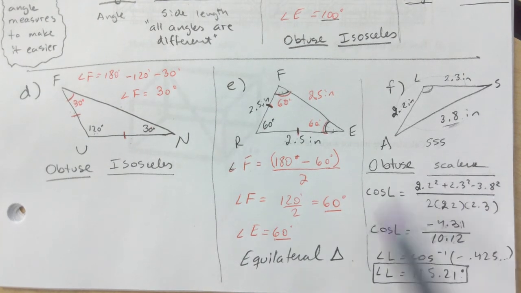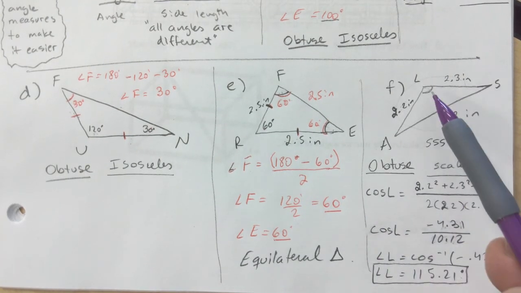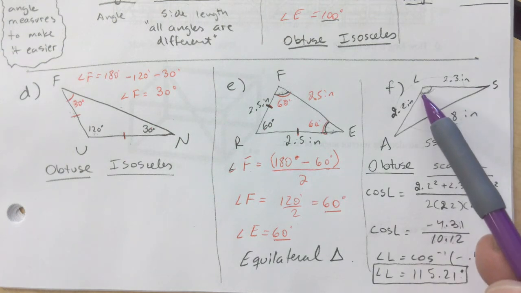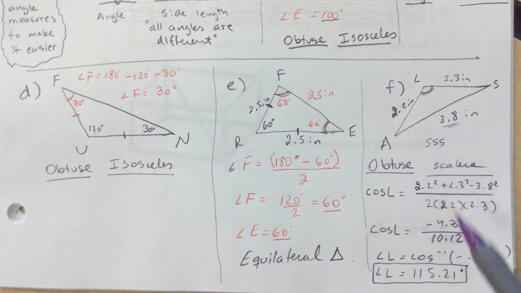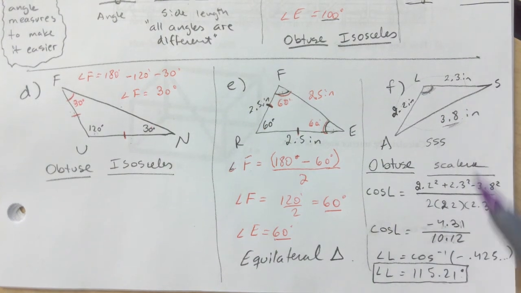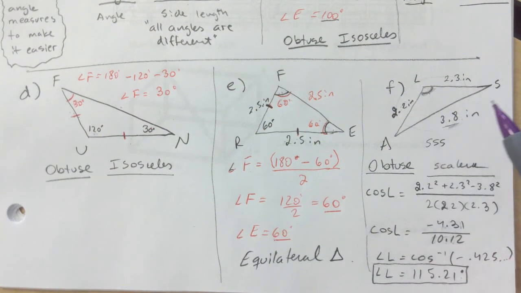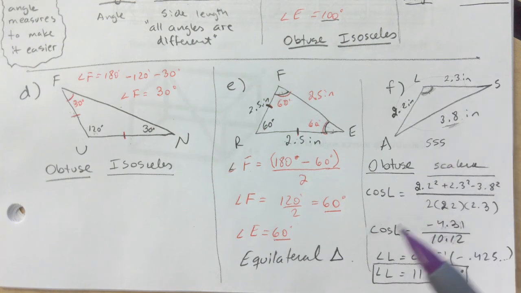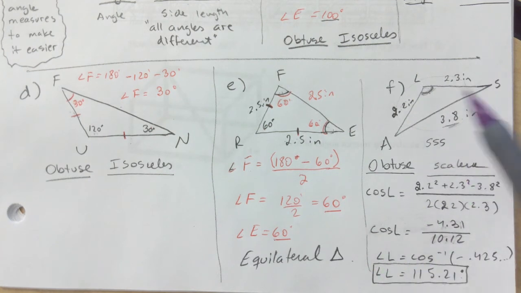Why did we have to do this? Because we're kind of suspecting that this is greater than 90. We now confirmed it. Don't just look at the diagram, because you could not have guessed. You can't just make that assumption.